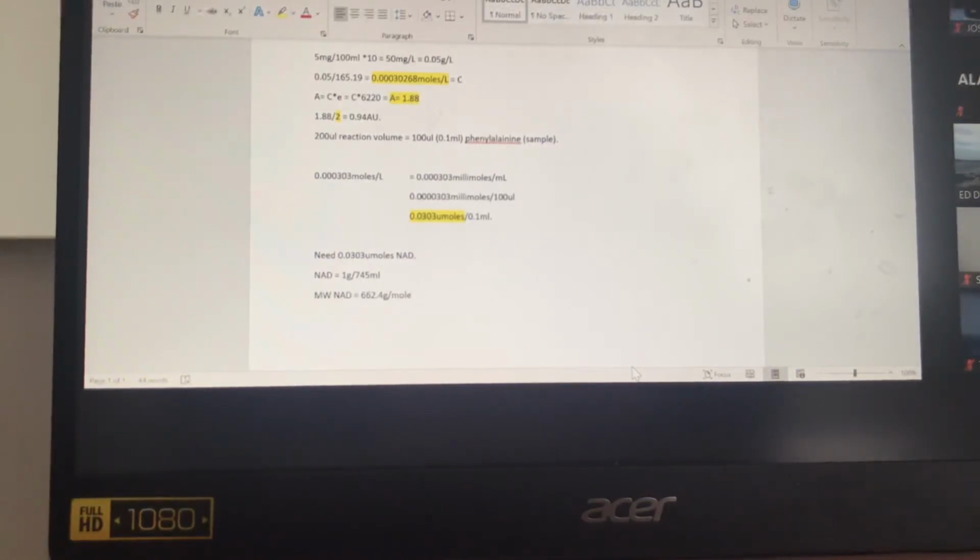Google is your friend. So the number of moles is equal to 1 gram divided by 662.4, which as a number is probably horrible. 0.00150966 moles dissolved in 745 litres.